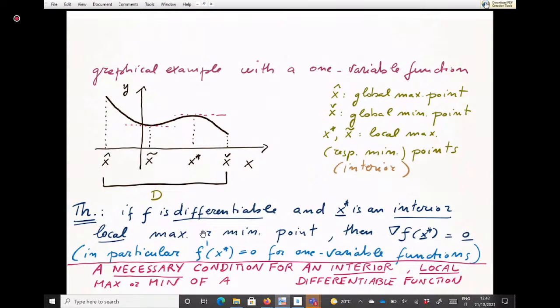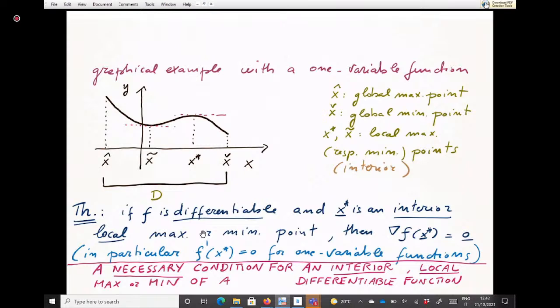Okay, so the main theorem is that if our function is differentiable, this holds for any number of variables, also for one variable. If our function is differentiable and x star is an interior local maximum or local minimum point, then necessarily the gradient at this point is 0, okay? Remember the one-dimensional case.